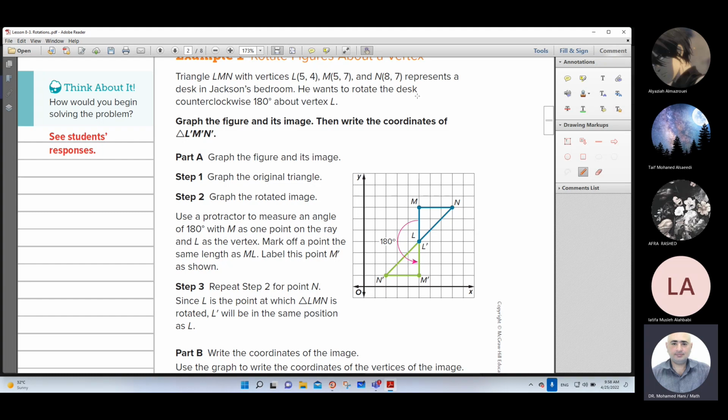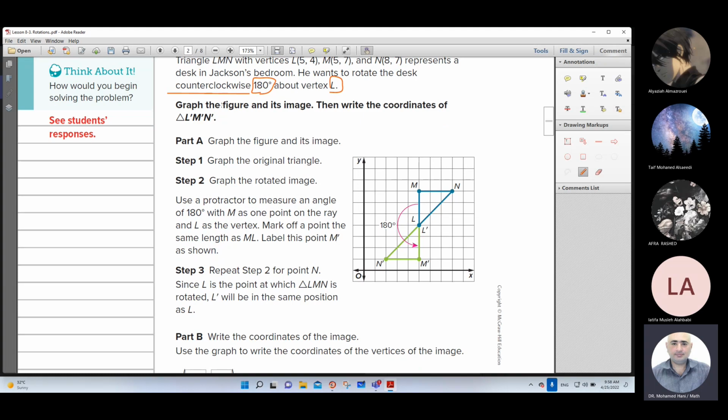He wants to rotate the disk counterclockwise using the angle 180 about the vertex L. Graph the figure and its image, and write the coordinates of triangle L prime, M prime, N prime. So the first step, graph the figure and its image. So this is the figure, LMN.